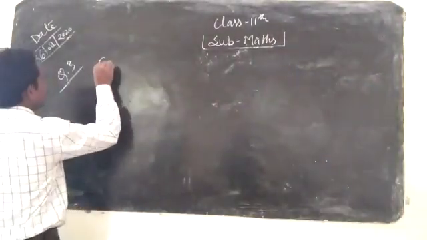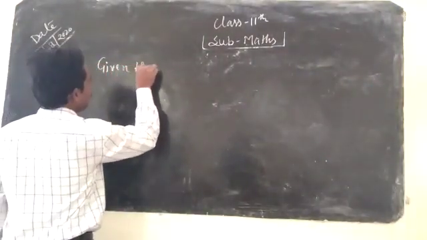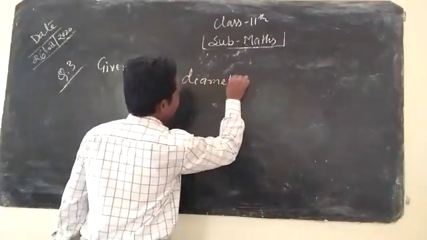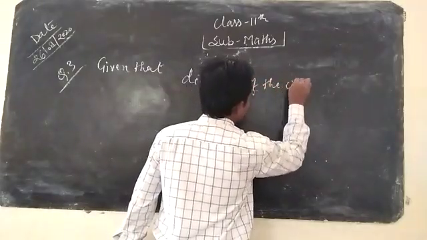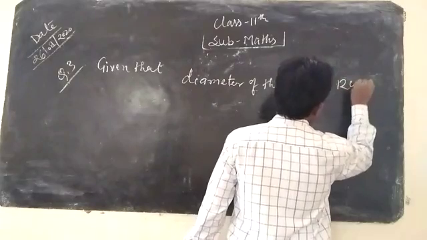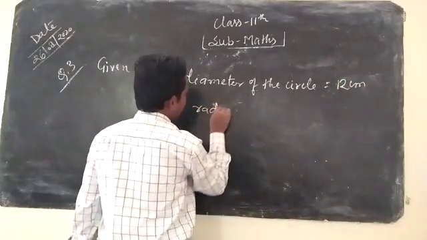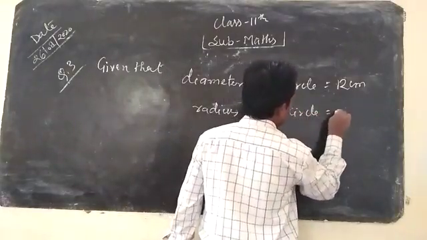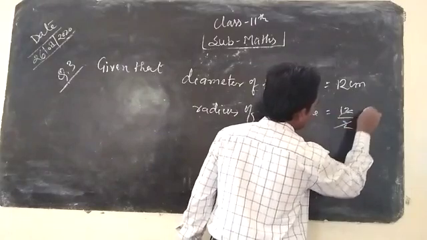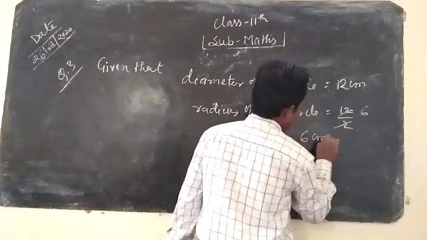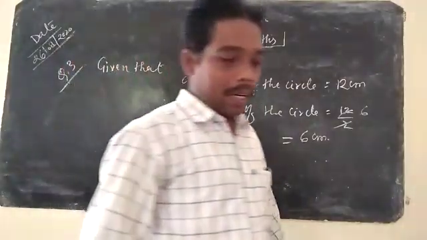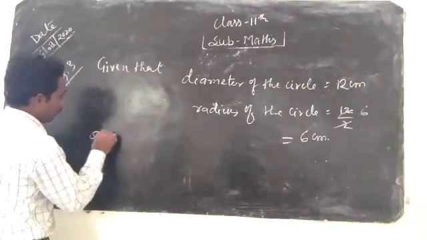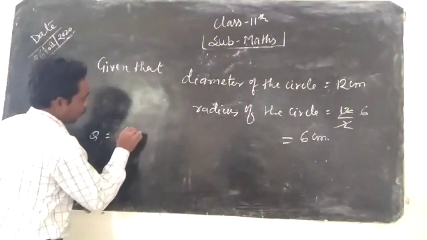Given that the diameter of the circle is equal to 12 centimeter, then the radius of the circle is equal to 12 divided by 2. We get 6 centimeter. And the angle is given 60 degree, means theta equal to 60 degree.